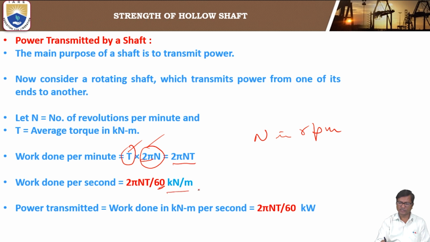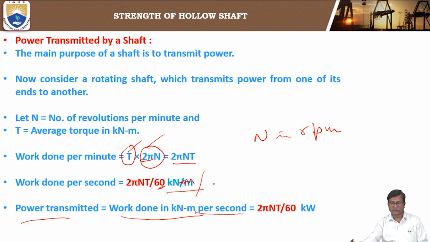The units for this are kilonewton meters, not kilonewton per meter. So power transmitted is work done in kilonewton meters per second, 2 pi N T by 60 kilonewton meter per second, or kilowatts. It is also represented as kilowatts.